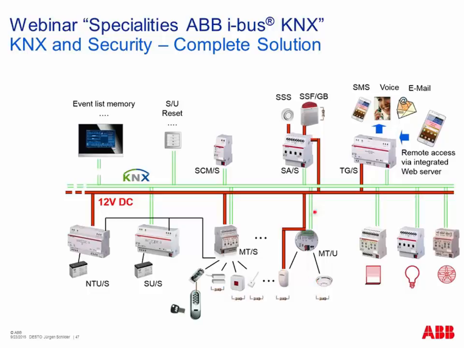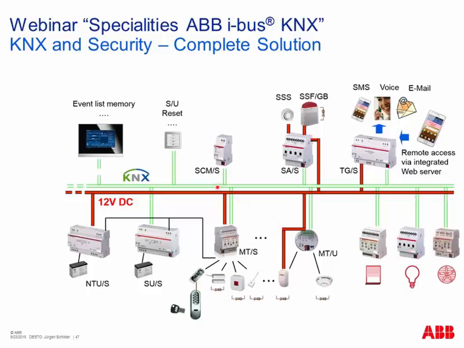So for the alarming, we use a switch actuator. For outside alarming, the local alarming, we can use our strobe light and a siren, and for internal alarming, we have our internal siren. Additionally, we can send messages via our telephone gateway, via email, voice messages, or SMS is also possible. And there are a lot of other KNX devices for switching the light, controlling the shutter, and so on.